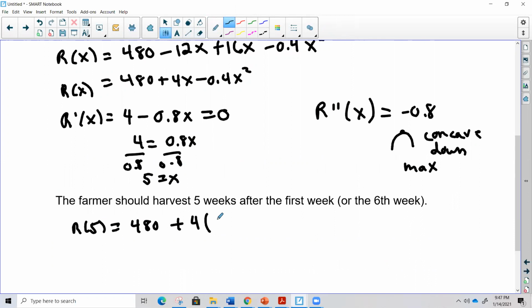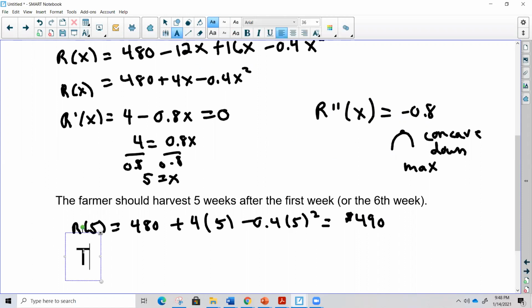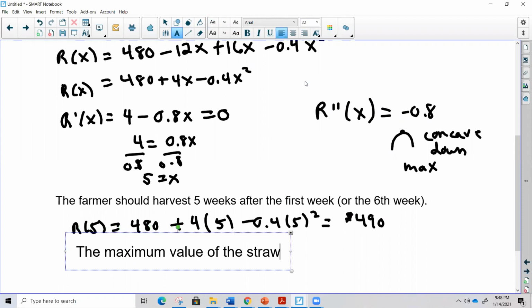So 4 times 5 minus 0.4 times 5 squared. I'm just going to type that into my calculator. And I get 490. Okay, that's the maximum value of the strawberries.